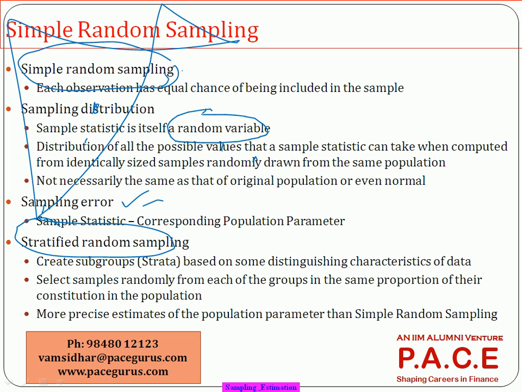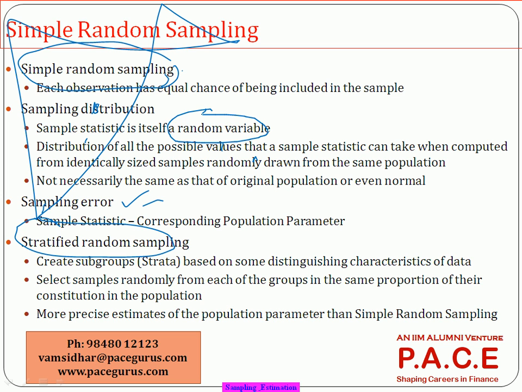So because the value of the average itself keeps changing with the different samples of the same size which you are picking up, what we say is that the sample mean or sample standard deviation, any calculation you do on the sample, is itself a random variable.